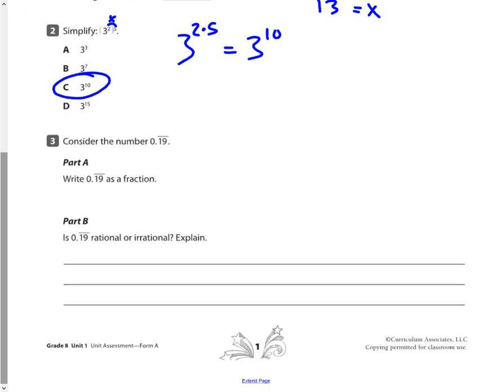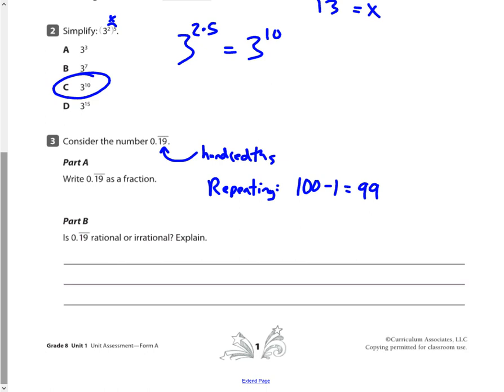Number 3, consider the number 0.19 repeating. Part A, write it as a fraction. Okay, so we talked about this. If it was not repeating, it'd be 19 over 100. But since it's repeating, and that is in the hundredths place, for repeating decimals, we want to do the hundredths place, so 100 minus 1, and I get 99 as the denominator.